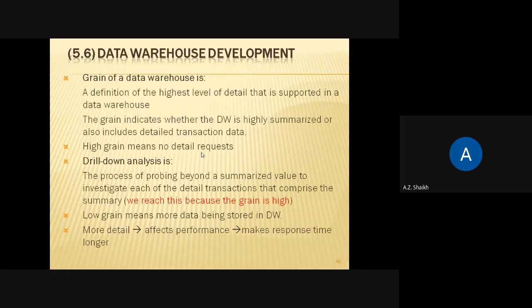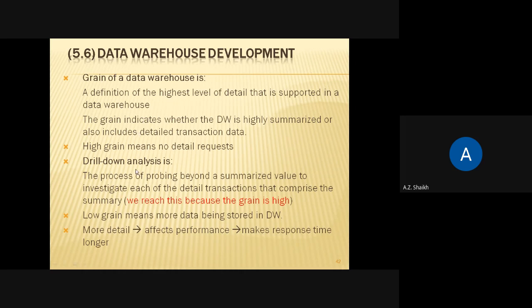If it is highly summarized, that means it is good. अगर हमारे पास बहुत डिटेल डेटा होगा और उसके ऊपर हम क्वेरी फायर करते हैं, it requires more time to give the result. उसमें से डेटा एक्सट्रैक्ट करने के लिए बहुत ज्यादा टाइम लगेगा. लेकिन हमारे पास एक समराइज डेटा होगा और अगर हम उस पर क्वेरी फायर करते हैं, so it needs very little time to extract the result. So here high grain means no detail request.